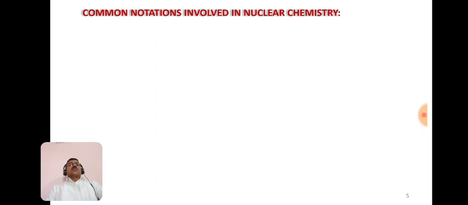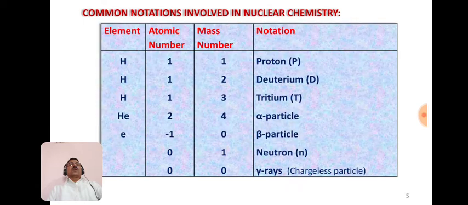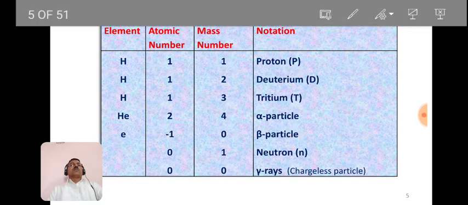Now there are some common notations involved in nuclear chemistry, and they are like this. For the element hydrogen, when its atomic number is 1 and mass number is 1, its notation is P, which is nothing but the proton.